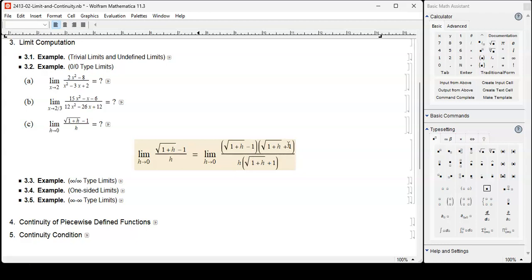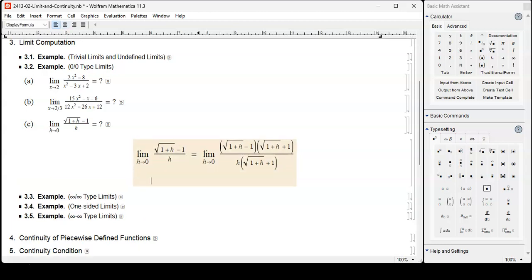Change this negative to positive. That's the conjugate. And then multiply the same thing to both numerator and denominator so that I don't change anything. And then carefully FOIL out and do your computation.